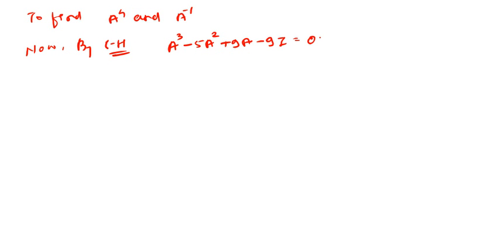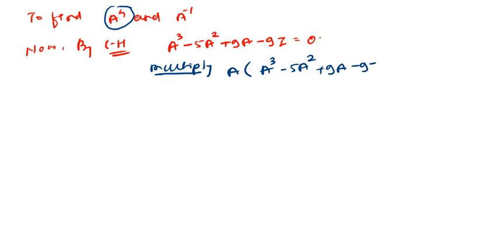To find A to the power 4, multiply this equation by A. So this will be A into A cube minus 5A square plus 9A minus 9I equal to 0. This gives A to the power 4 minus 5A cube plus 9A square minus 9A equal to 0.